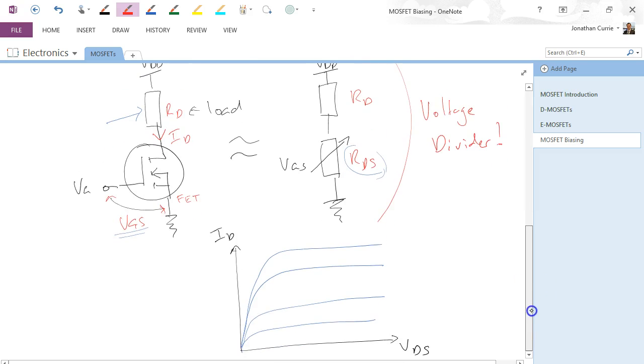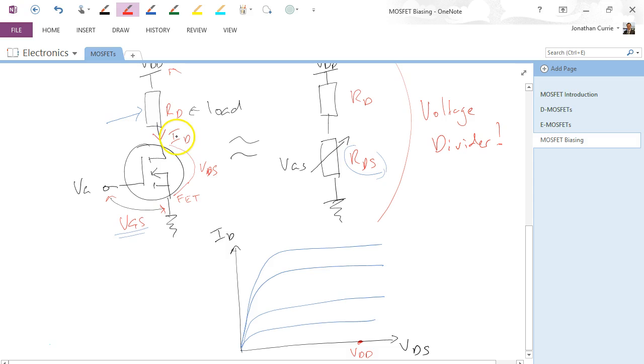Now, the maximum voltage that could exist across VDS, which is across the FET, voltage drain to source, will be if there is no current flow. If there's no current flow, there's no voltage drop across that resistor, therefore this device is effectively off, and the maximum voltage we'd have would be this point here, or the maximum voltage in the circuit, VDD.